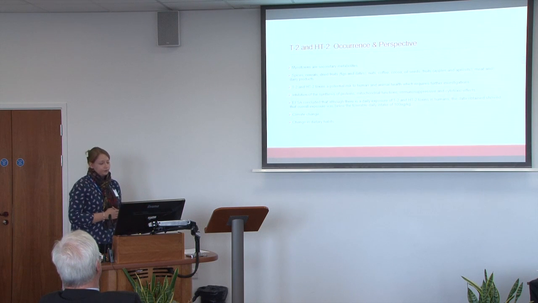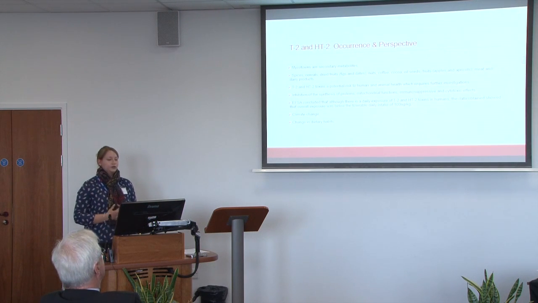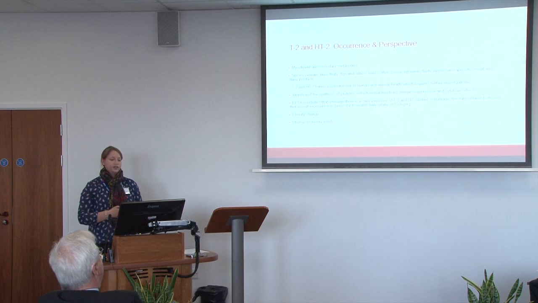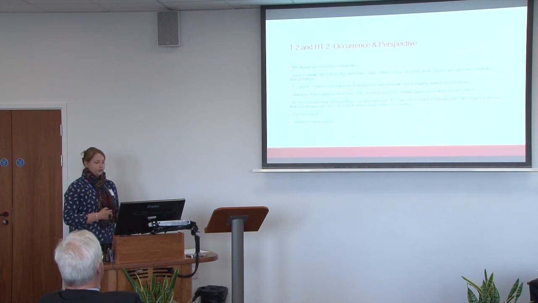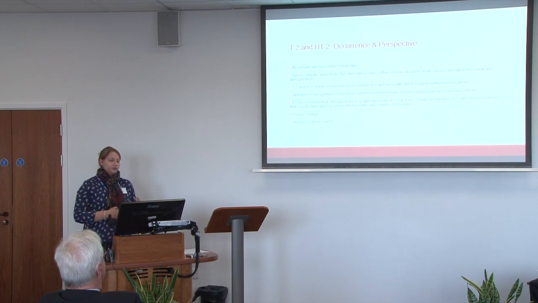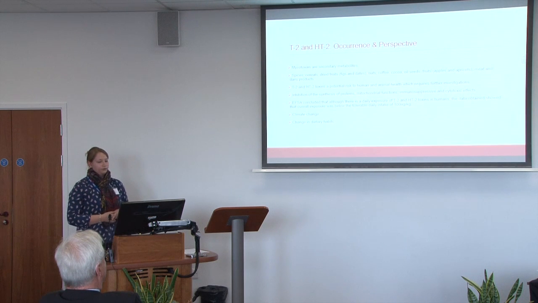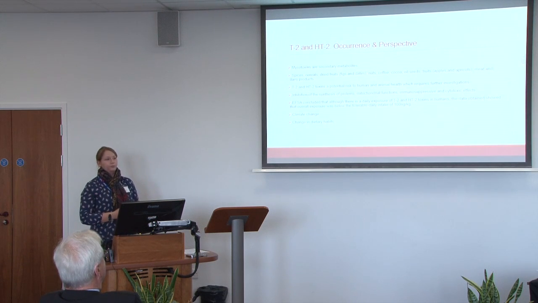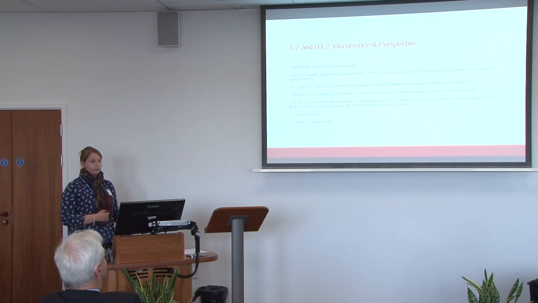A little bit of an overview of the two toxins I am looking at. Mycotoxins are secondary metabolites from fungal species. You can find them in spices, cereals, dried foods, nuts, coffee, cocoa, oilseeds, fruits, meat and dairy products. So there's a huge variety of food products where you can come across these toxins.